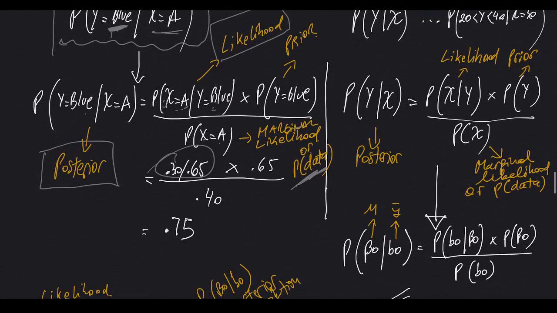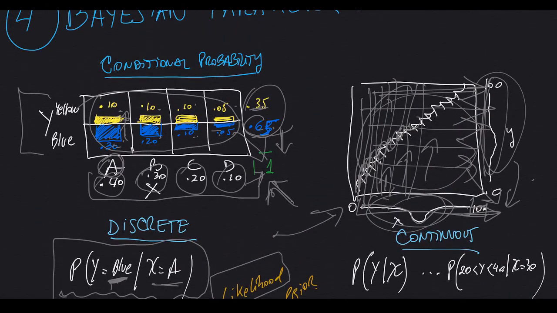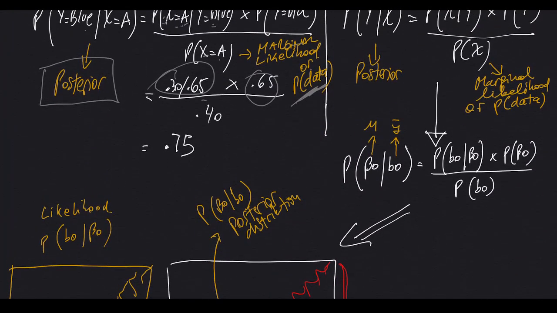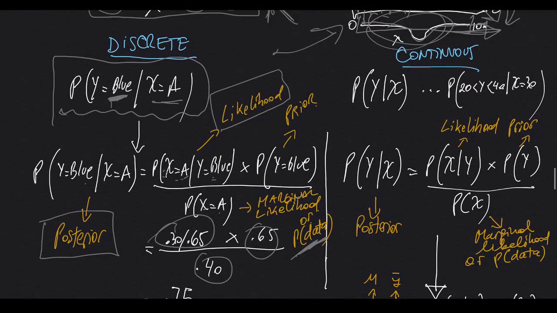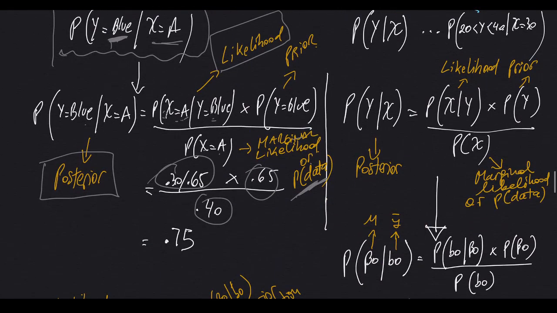That's what I replaced there. What's the probability of landing in blue? 0.65, we get it from here. And the probability of landing in A is 0.40, we get it from here. So if we do this calculation, the result is 0.75.